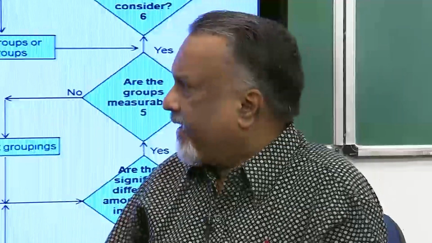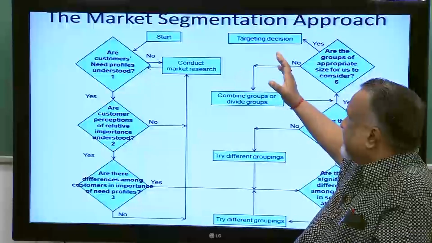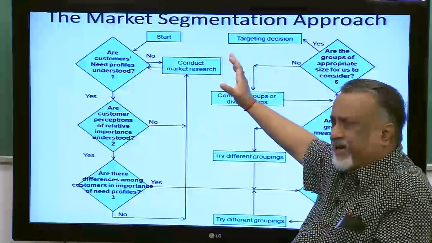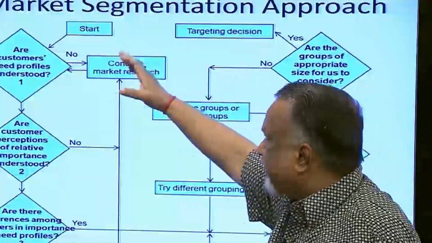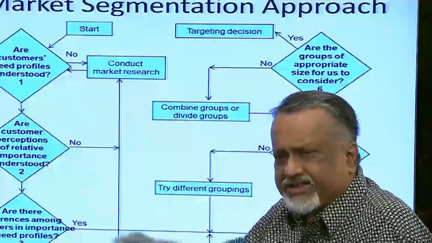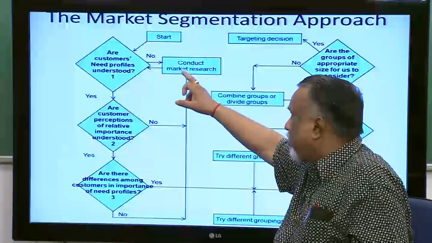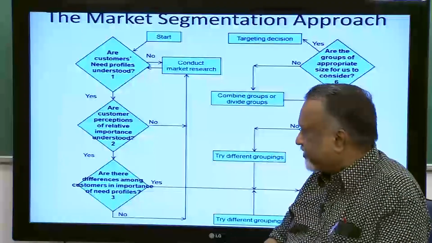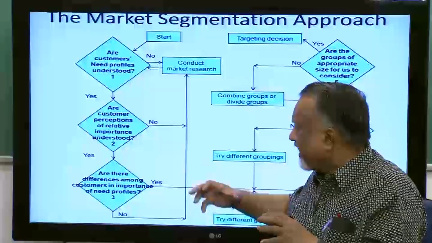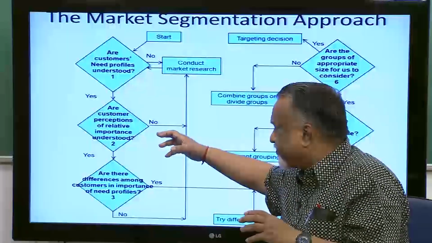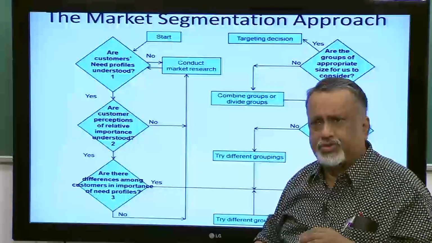So, this is the last slide for the day. As you can see here, this kind of explains the whole process step by step. So, we start here. Do we understand the customer's needs? If no, then obviously we have to do more research. If we understand a particular group of customers and their needs in depth, then are customer perceptions of relative importance understood?